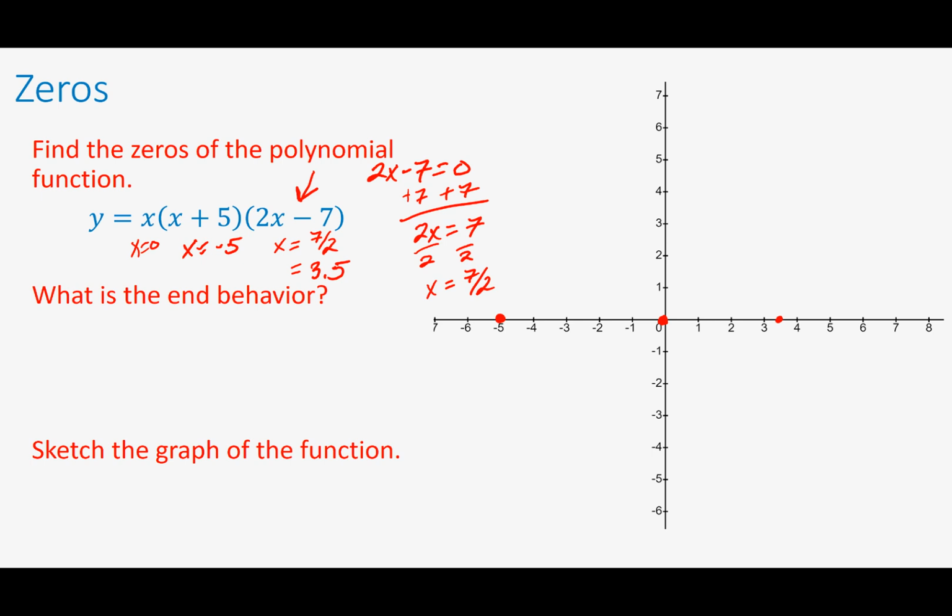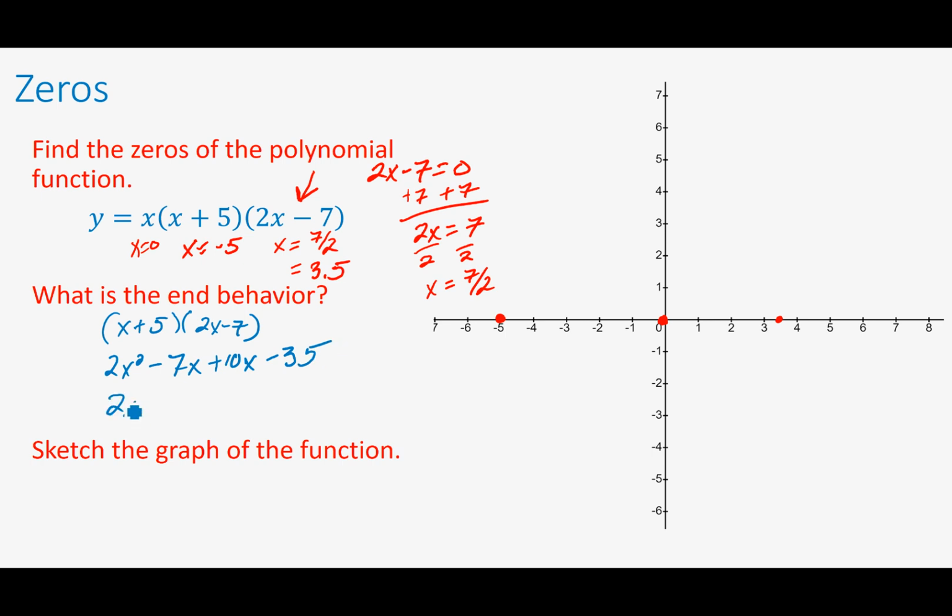End behavior now. End behavior on this one, I can work this all out. Well, first off, I'm going to FOIL. Let's just FOIL the two sets of parentheses. So if I FOIL this, I'm going to have 2x squared minus 7x plus 10x minus 35.